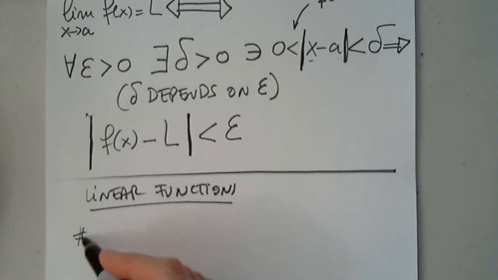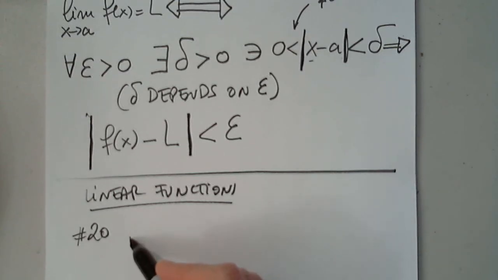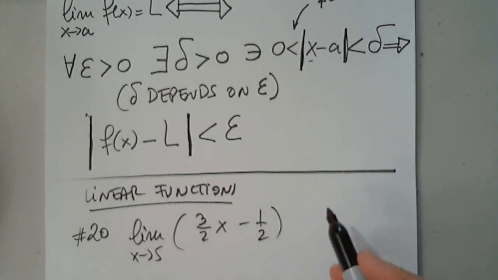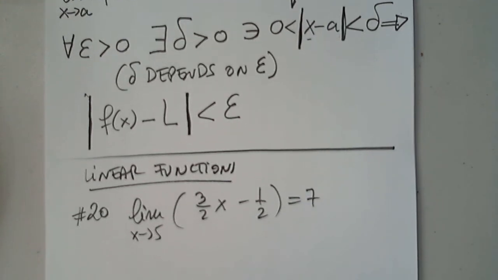Okay, so I'm going to pick, let's say, 20. And this is the limit as x approaches 5 of 3/2 x minus 1/2 equals 7. So the problem is asking, so let me show you, I picked it. So this is 2.4.